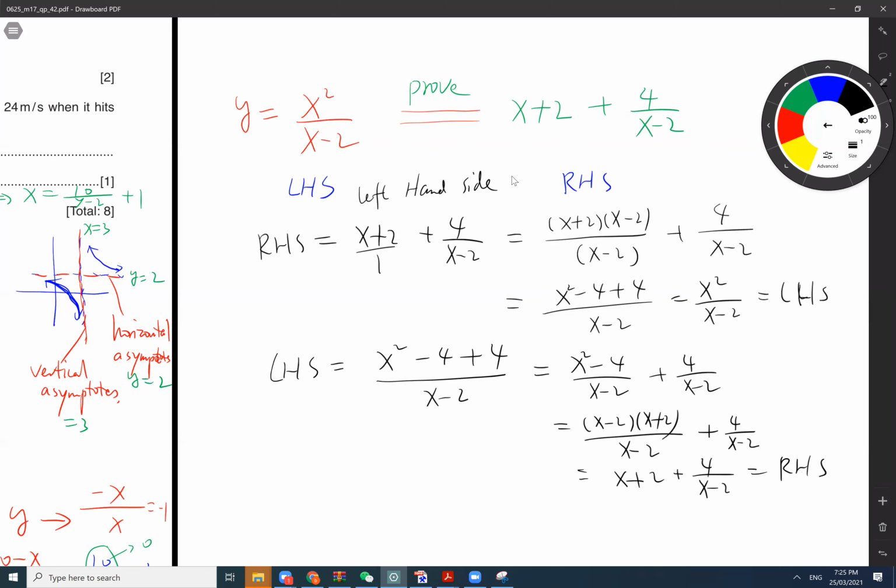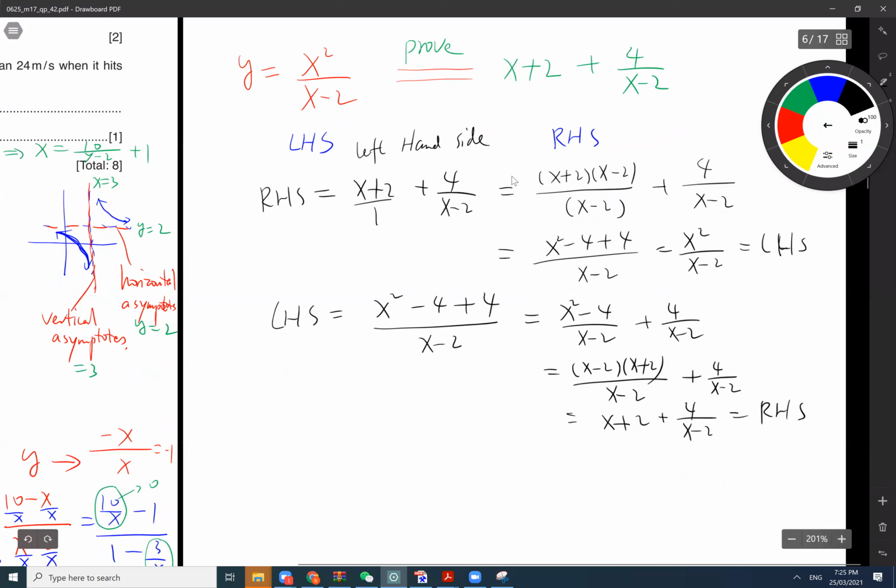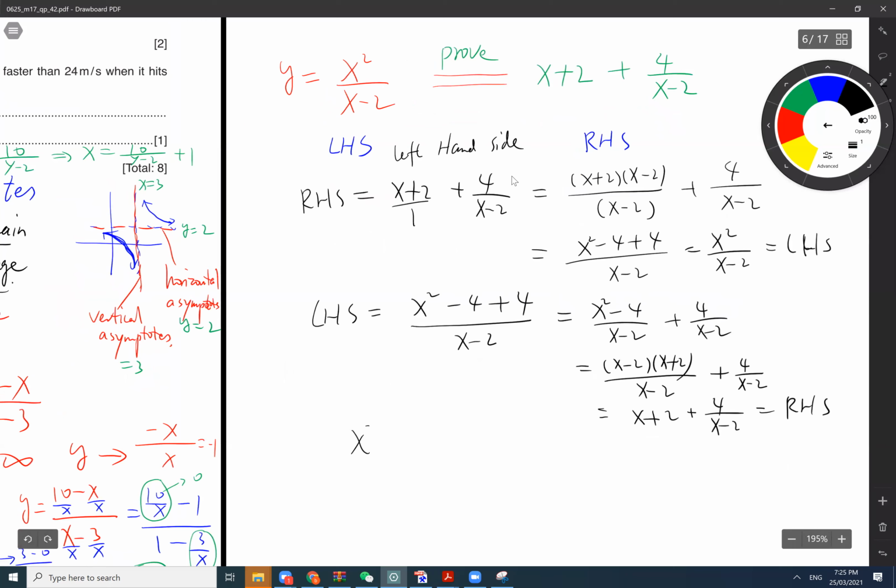So that's how we got it. Of course, because our group probably learned polynomials, you can do it this way, something called long division. x times x, 2x minus 4, 4. That's like division.